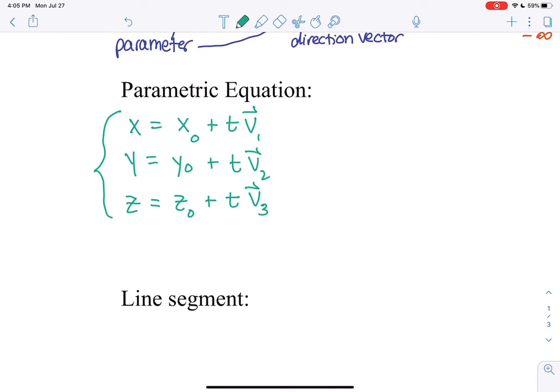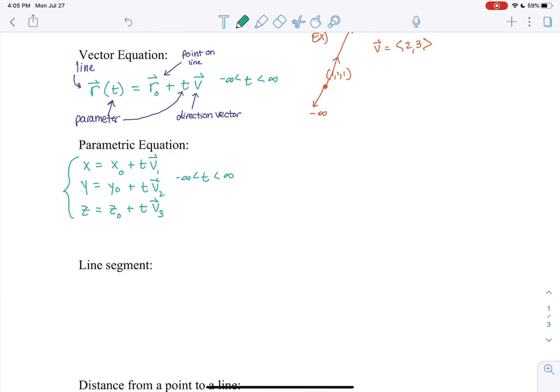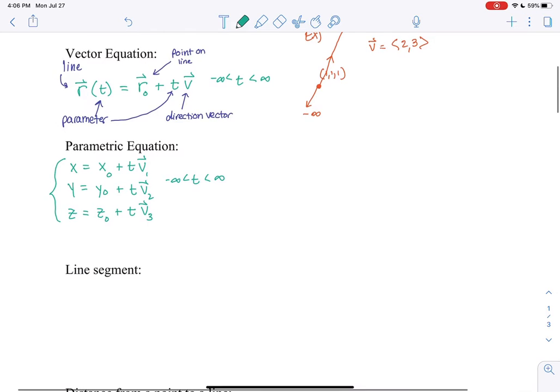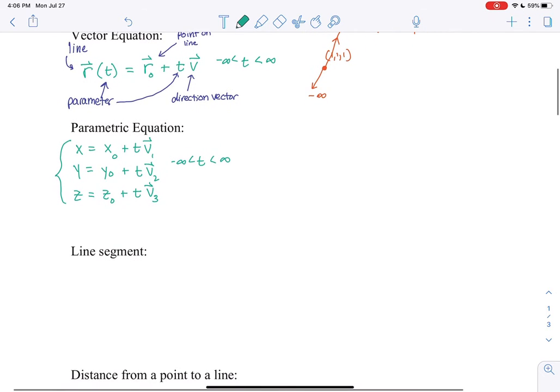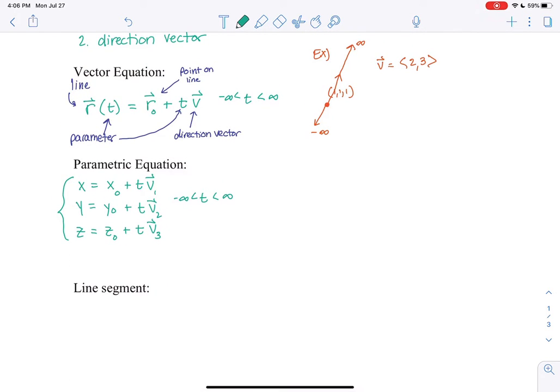Similarly, we need t going from negative infinity to infinity. That gives you the entire line, not just a line segment. Those are the two equivalent ways to write the equation of a line.